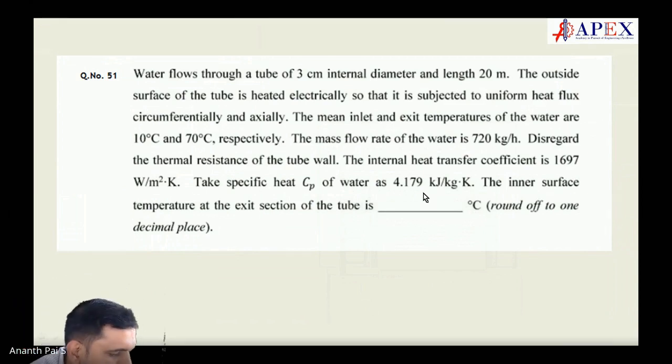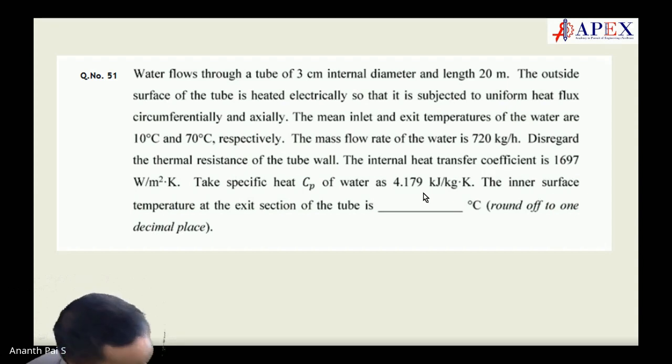Constant heat flux. I think we can apply some equations directly and get the answer.